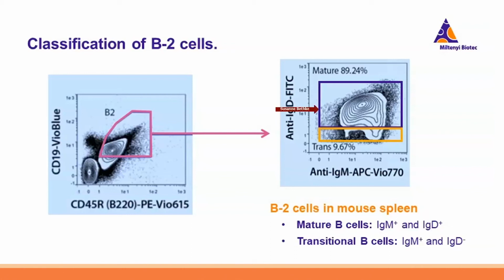IgM positive and IgD positive are the mature B cells, and the transitional B cells down here were only about 10% of these B2 cells in the mouse splenocytes.